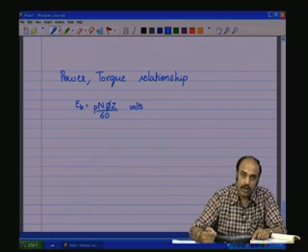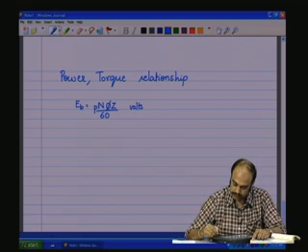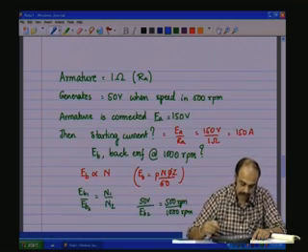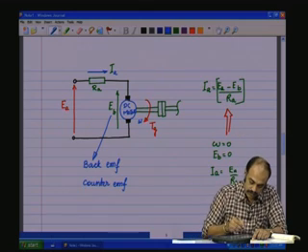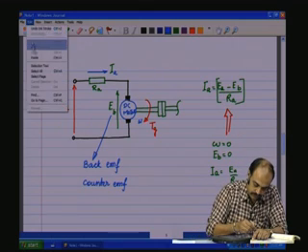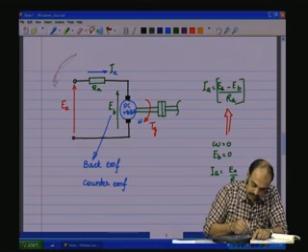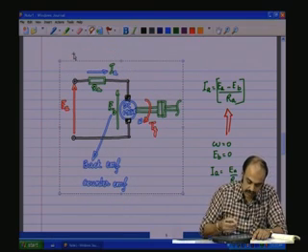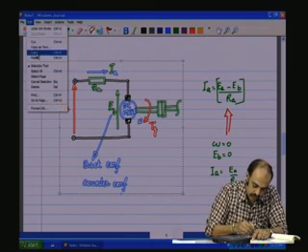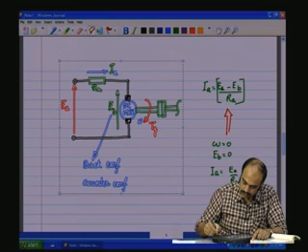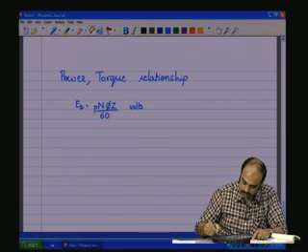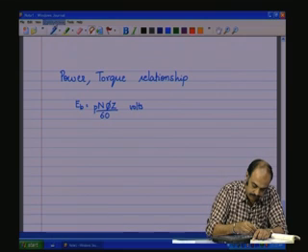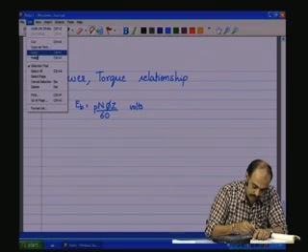The power drawn from the source. Okay, let us go back and then copy this picture. We will need this picture to have a better understanding. Let us copy that, go to this place here and paste.